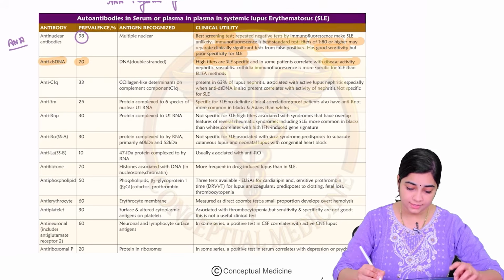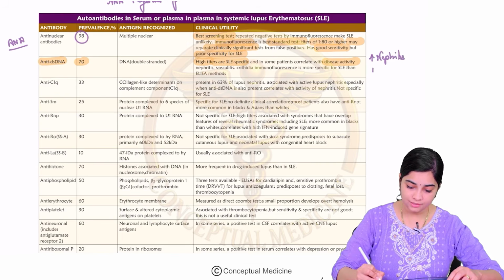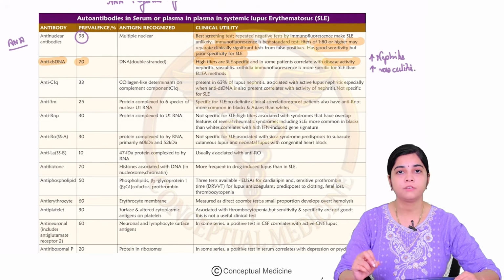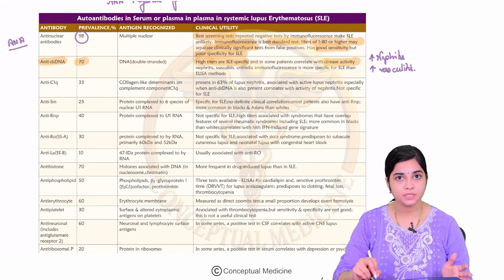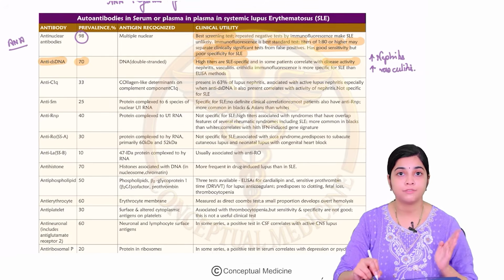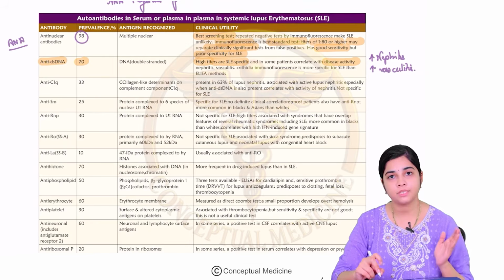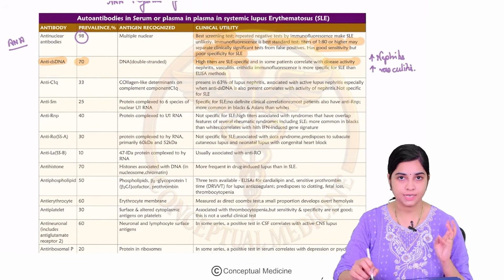It correlates with disease activity and is associated with an increased risk of lupus nephritis and lupus-associated vasculitis. So it is associated with higher specificity, it is used for disease activity monitoring, and it is associated with a higher risk of lupus nephritis and vasculitis.